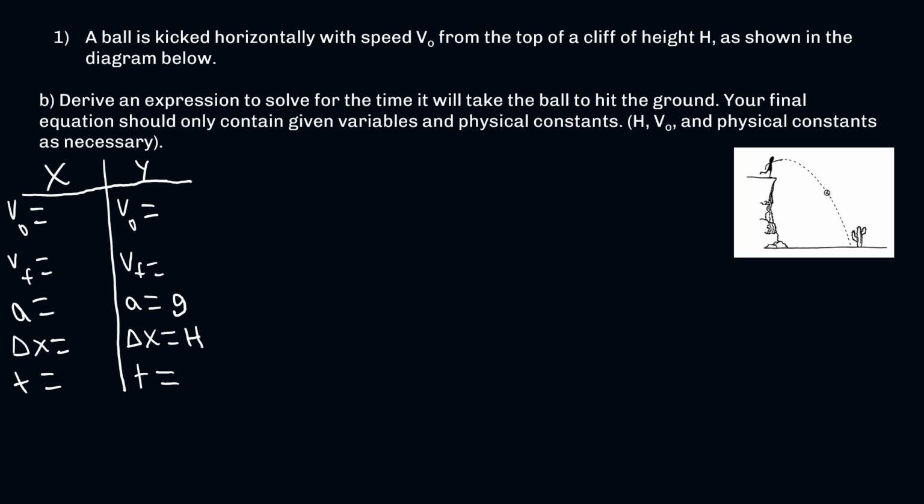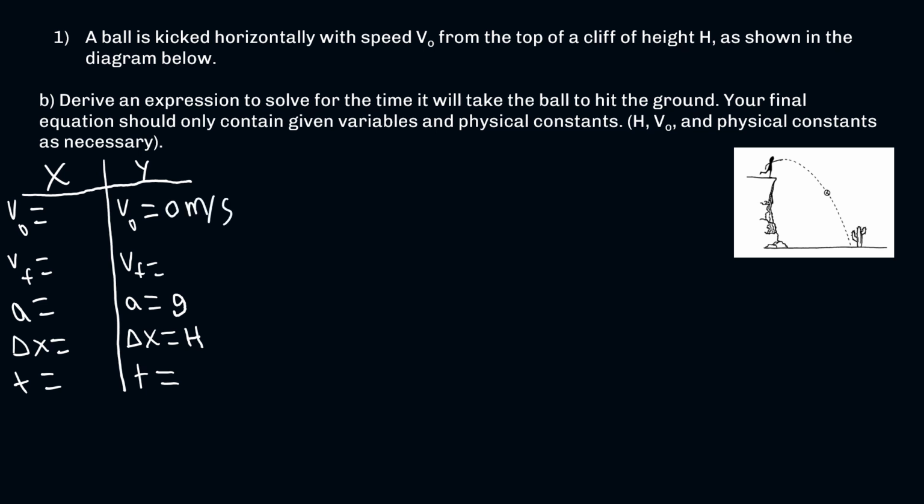V naught: initially in the vertical direction there is not going to be any velocity, because all my velocity is going to be in the horizontal when I start off. There's no velocity in the y direction when I first kick the ball, just like dropping something in free fall. So my v naught is 0 meters per second.